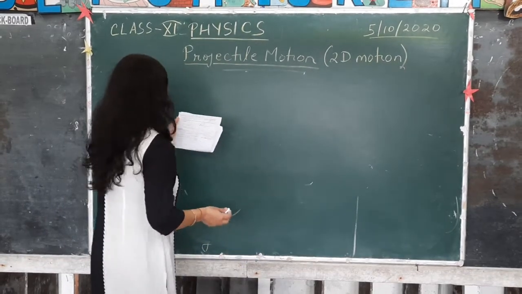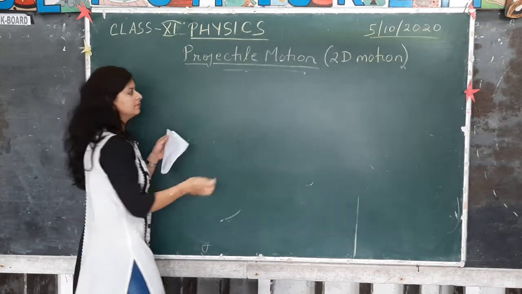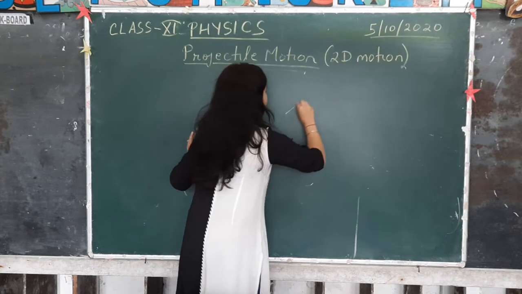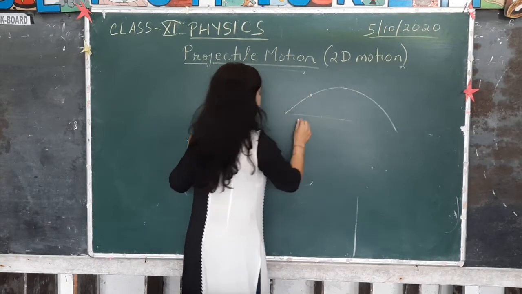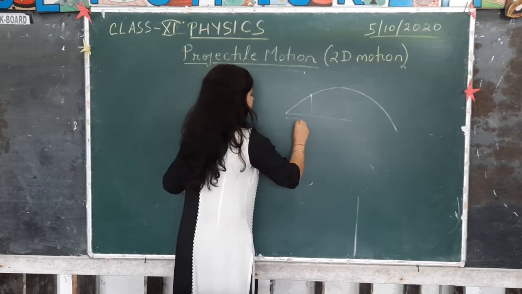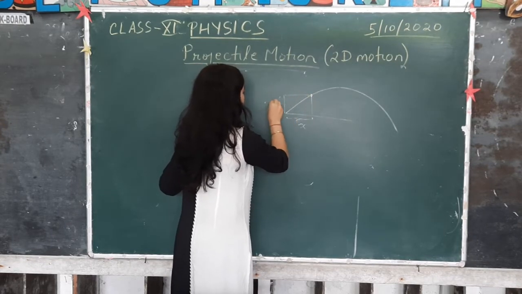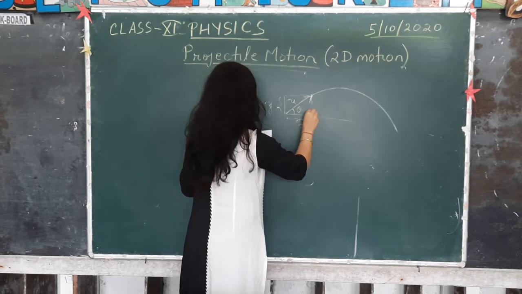Alright, now taking any random point, not the highest point, not the minimum point, just any point along the motion, this is x, the displacement covered here is x, and this is y, the launching velocity was u and this was theta.